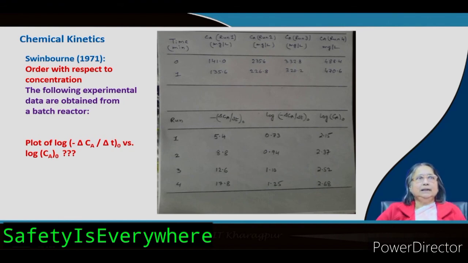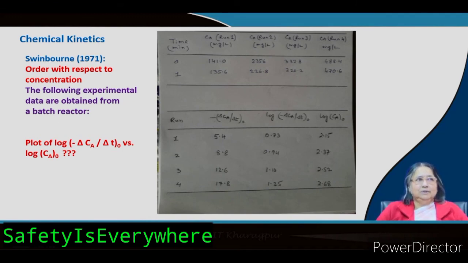This is the method using the differential rate law to determine the order of the reaction. Okay. That means the instantaneous rate, you are just converting it into delta terms, meaning the time period you are increasing.